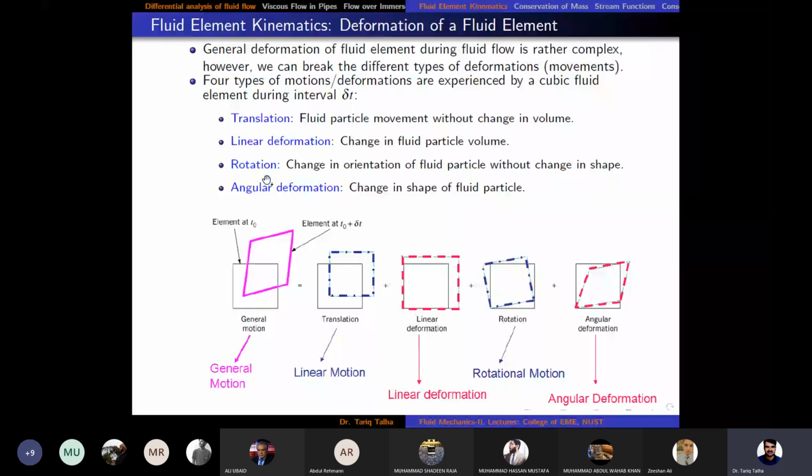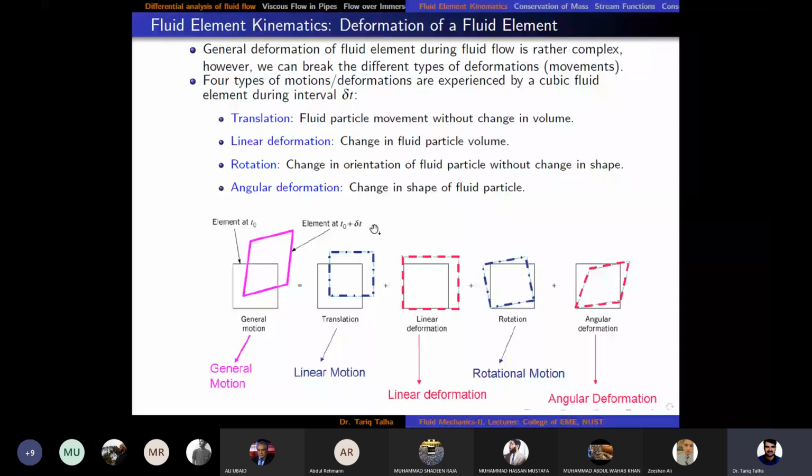So translation and rotation are rigid body motions, in which the shape and volume do not change. But in the linear deformation, the volume changes, and in angular deformation, shape changes. And for the translation, there is no velocity gradient.